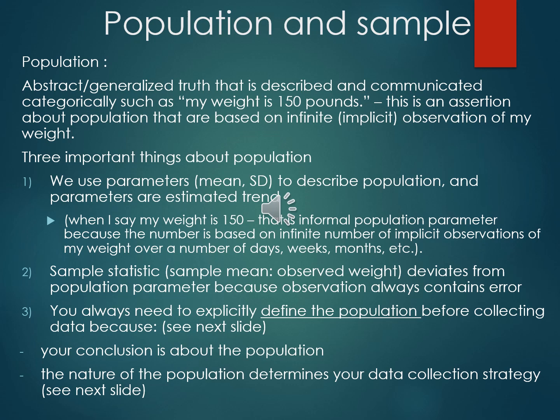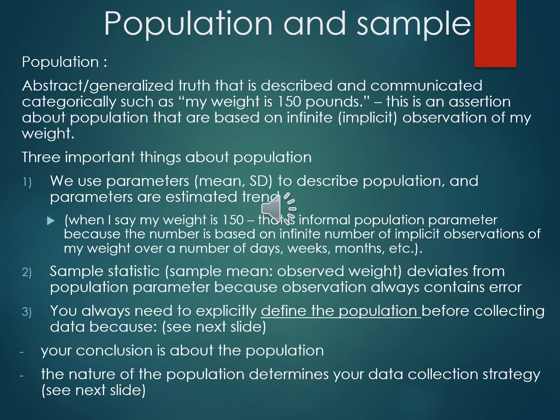Okay, so it's an abstraction. And number one, we use parameters to describe population, such as mean and standard deviation. So when I say my weight is 150, that is an informal population mean because this number is based on my implicit averaging of an infinite number of implicit observations.